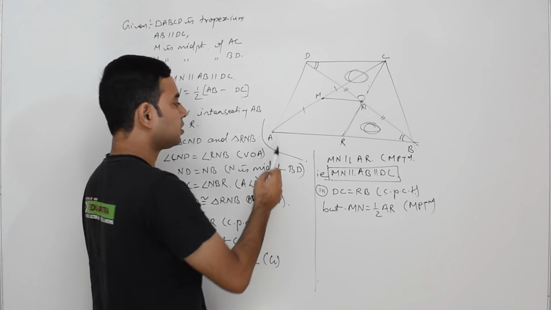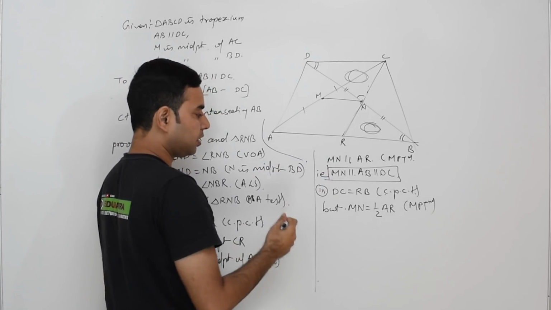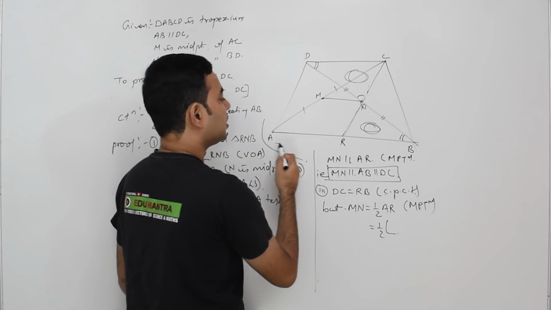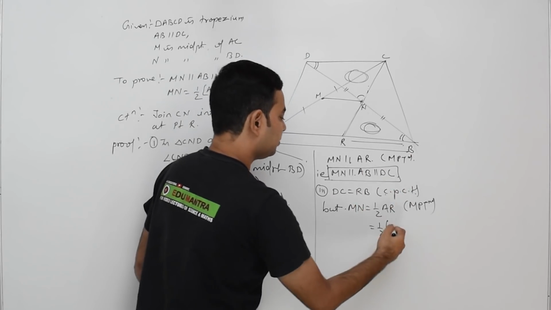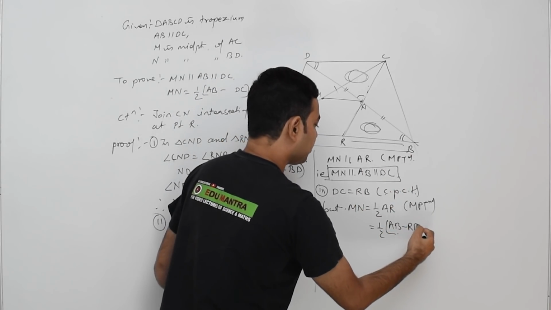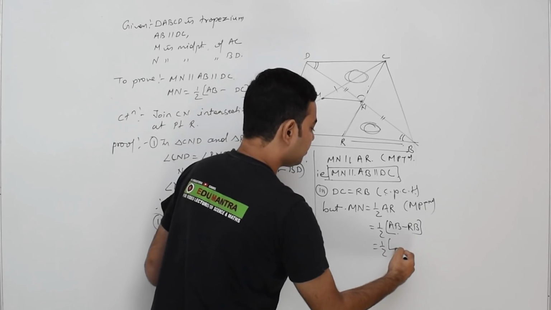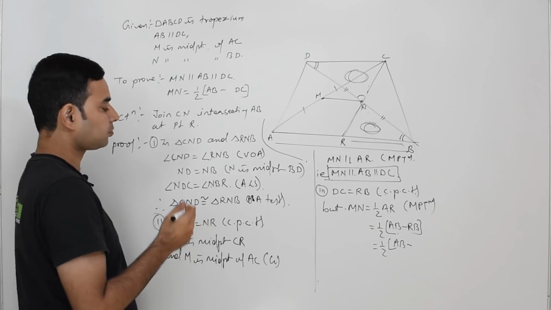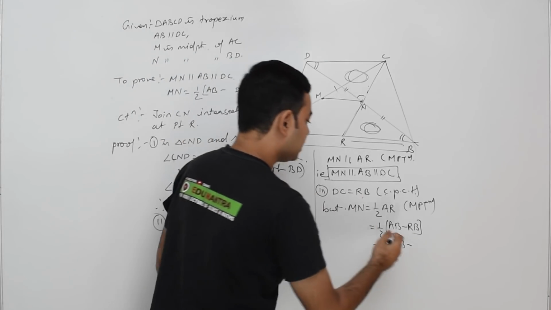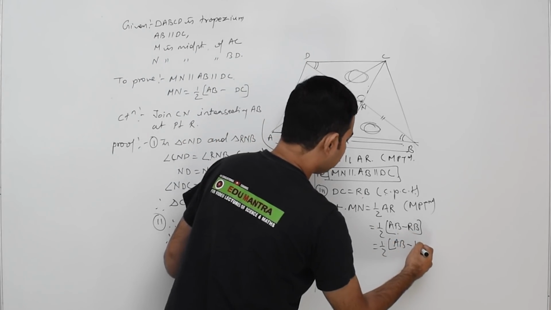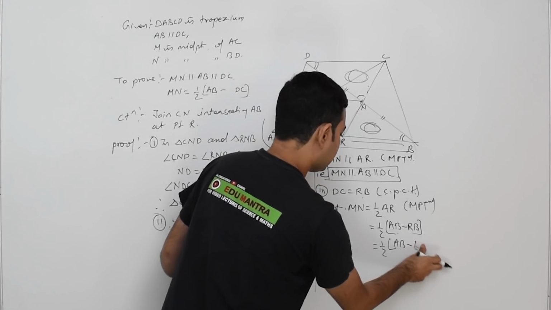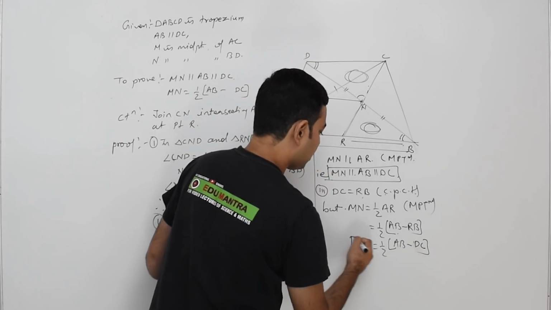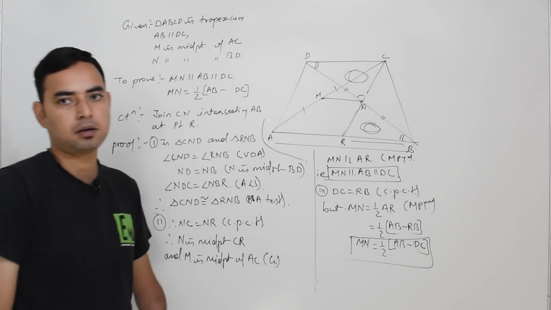AR is nothing but AB minus RB. So half of AB minus RB, and we substitute RB as DC. So MN will be half of the difference of the parallel sides.